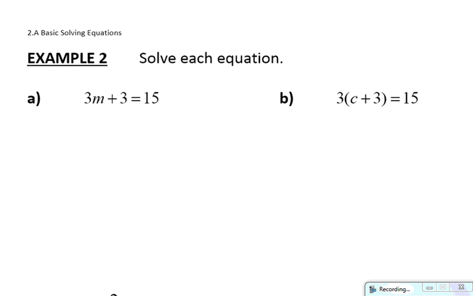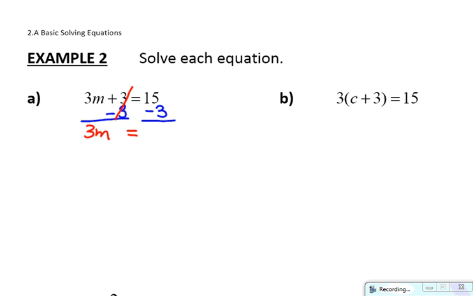So example 2, solve each equation. We have 3m plus 3 is 15. Going in reverse, we look to see if there's any addition or subtraction to undo, and we can see right here that we've got that plus 3 that we need to remove. Since it's add 3, to undo it, we do its inverse operation, which is to subtract 3 from both sides. We'll be left with 3m.